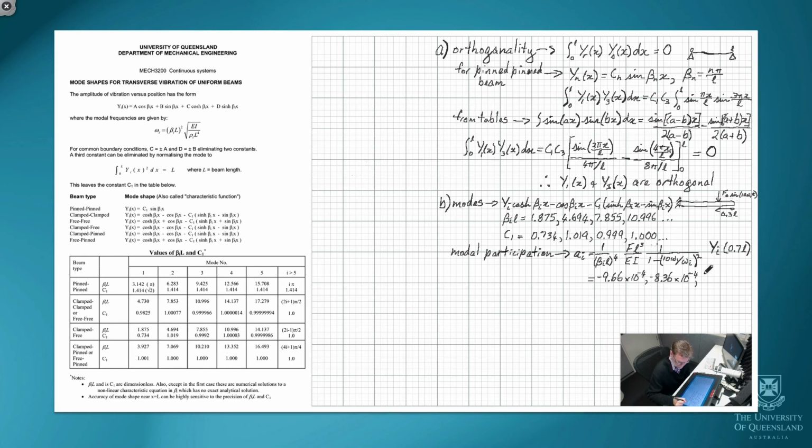And then minus 5 times 10 to the minus 4 for the third mode. And then for the fourth mode, we get 6.22 times 10 to the minus 5.